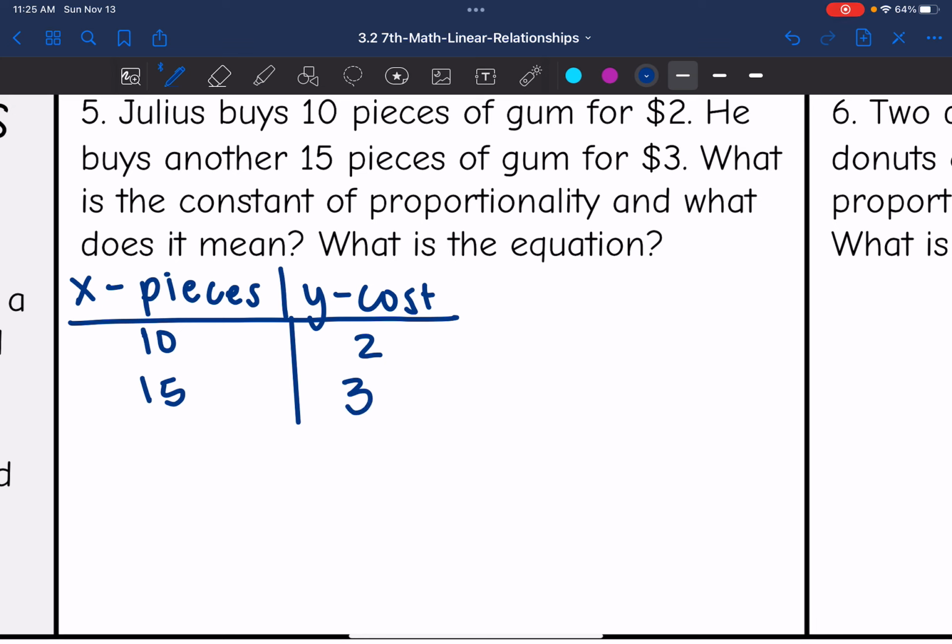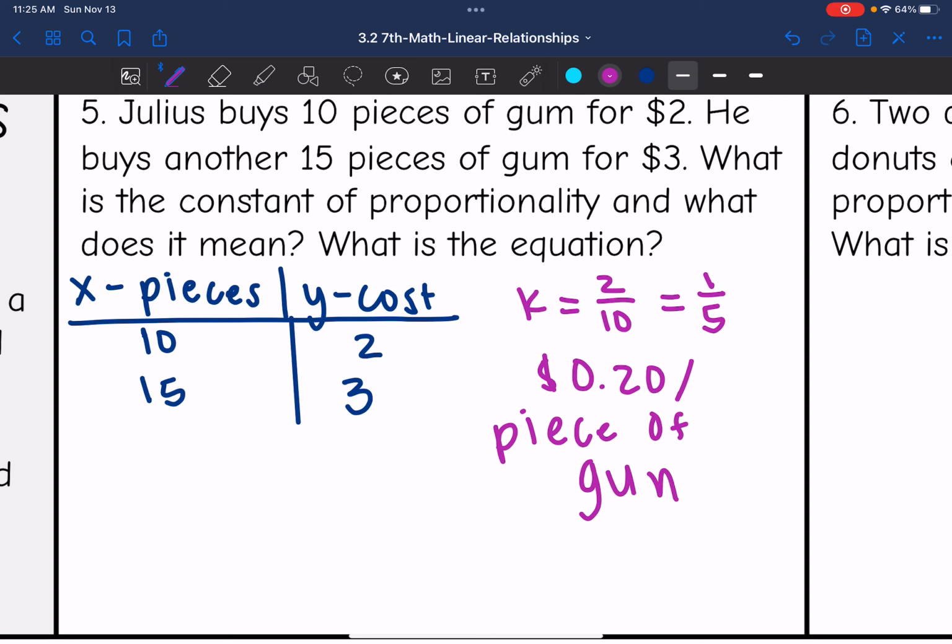So now I just need to do y divided by x. I'll just use that first ordered pair, 2 divided by 10 to find k. That simplifies to 1/5. And if you wanted to write it as a decimal, since we're talking about the cost, it would be 0.20. So it's 20 cents per piece of gum.